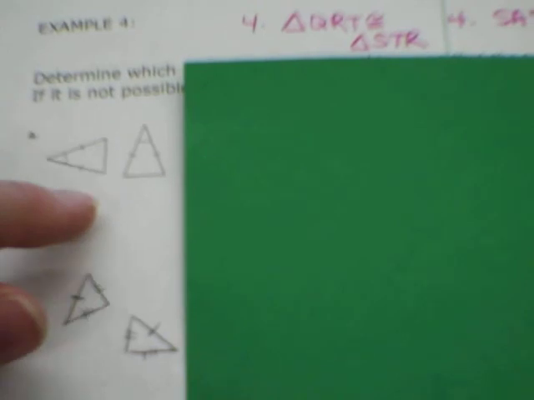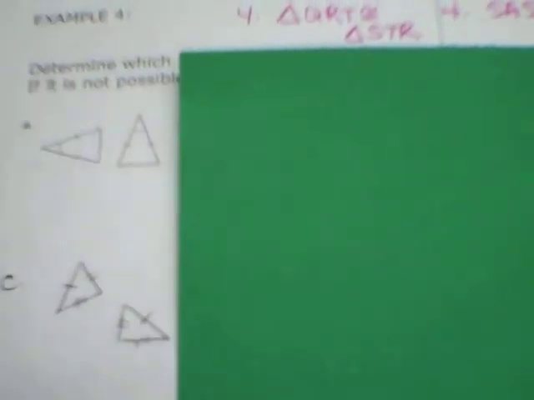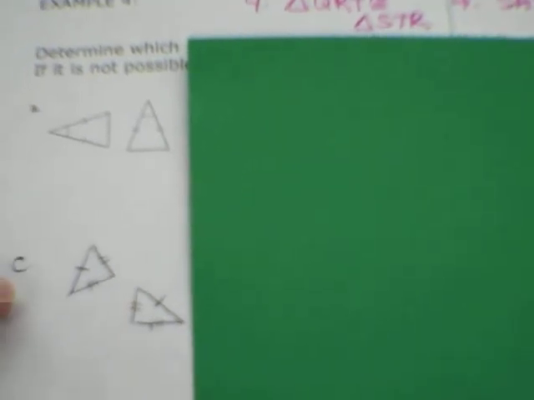Okay? In this case, I'm going to use side, angle, side, because I've got my sides, my corresponding angles, and my sides. So I want you guys to take a look at C for a second. What should have popped up in your mind was side, side, side. Okay. So those are those two.